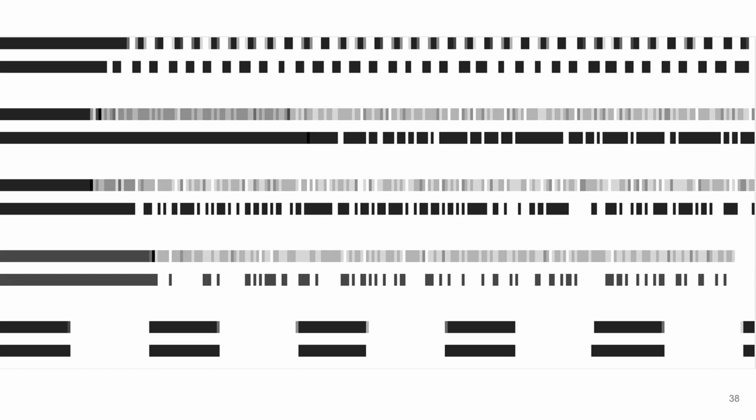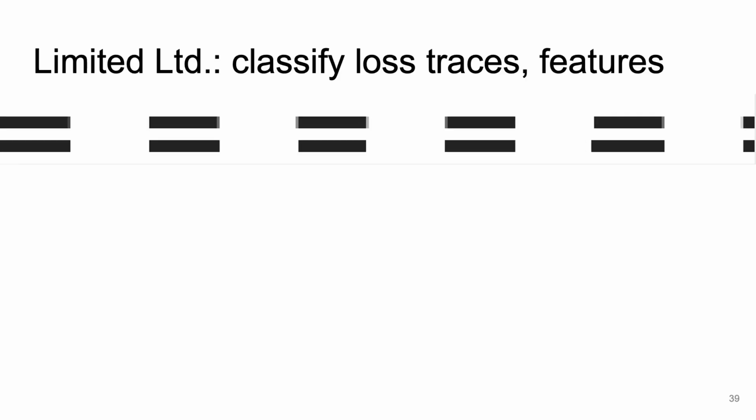The next challenge of our work was to look at those traces and be able to extract some relevant features for our classifier. Let's have a look at the fifth pair of the previous picture. First of all, we extracted the loss rate from this loss trace. Here, the loss rate is approximately 50%.